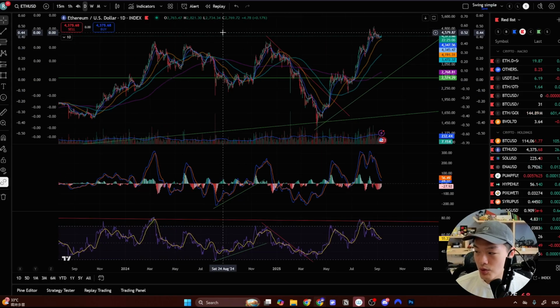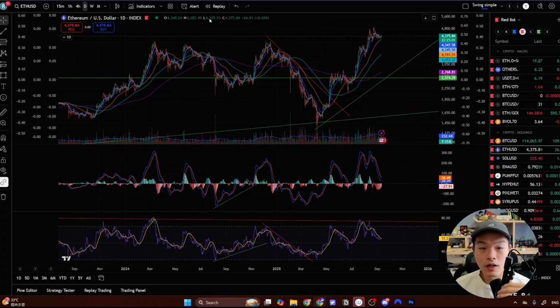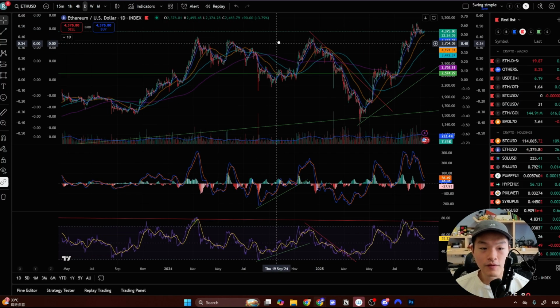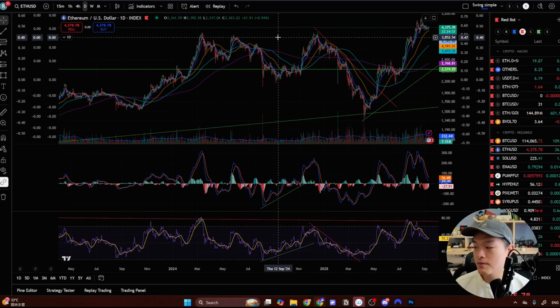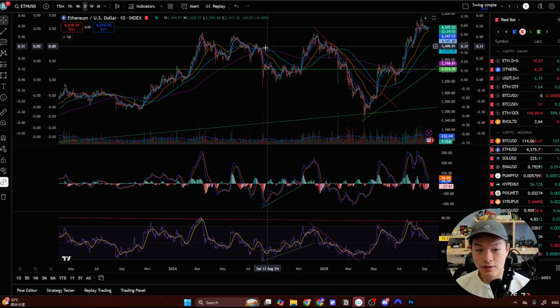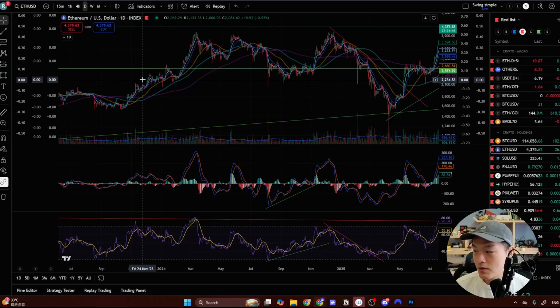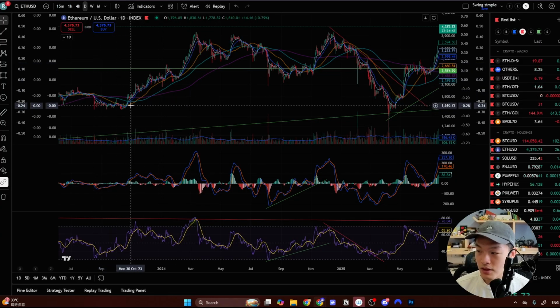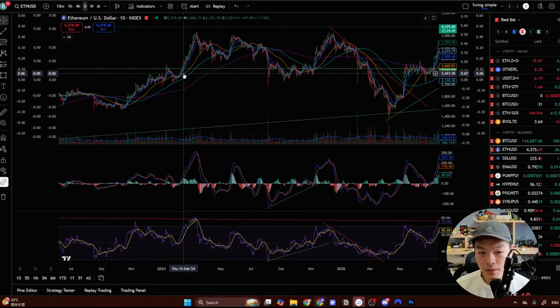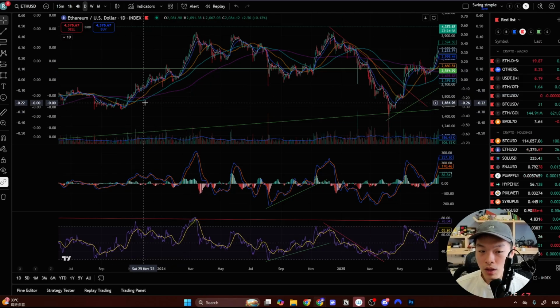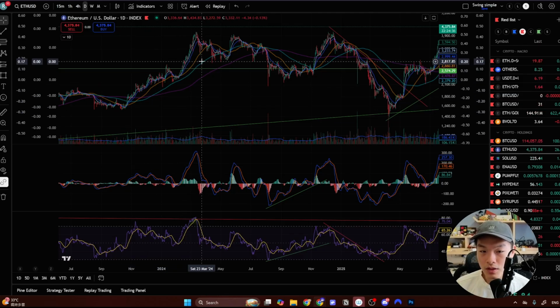And what I like to do as well is dive deeper into the price action of the particular asset. For example, the price action of Ethereum could be very different from the price action of Bitcoin, right? You can see for Ethereum on the daily chart, sometimes it just doesn't respect this 50 period simple moving average that much. The 100-day seems to be a much stronger support.